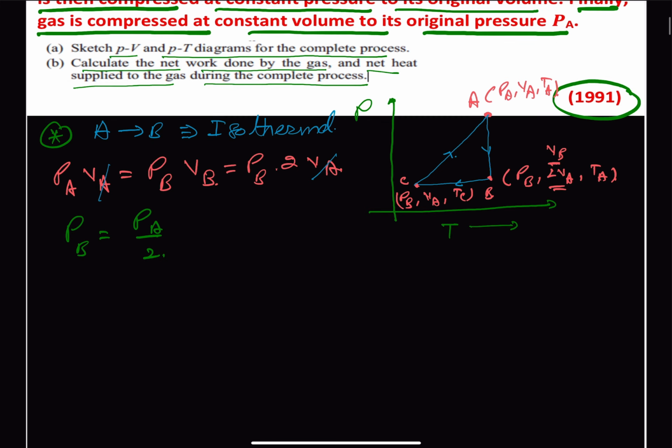Now we come to B to C. From B to C, our pressure is same, so we can say this is isobaric compression.